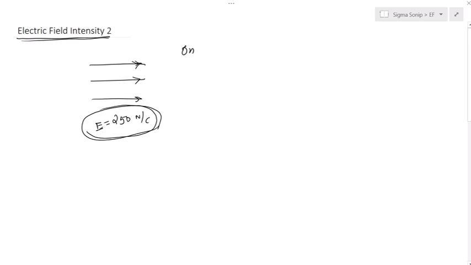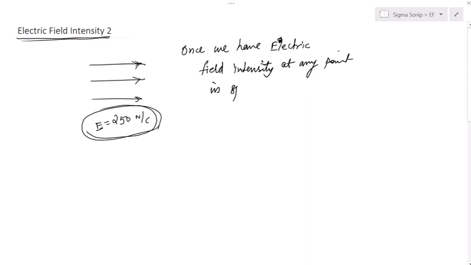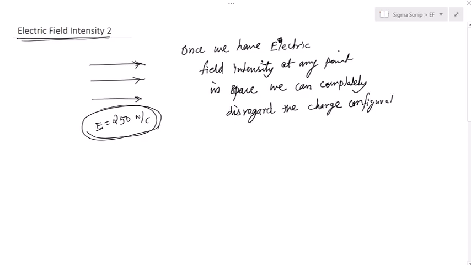Let me write it. Once we have electric field intensity at any point in space, we can completely disregard the charge configuration which has produced this electric field.